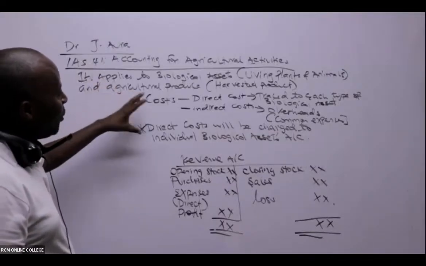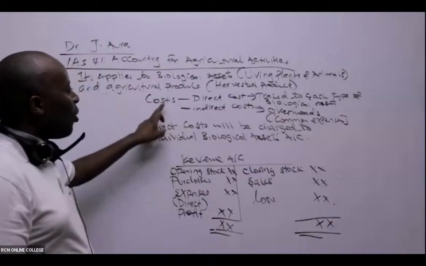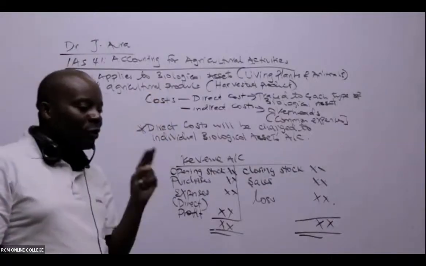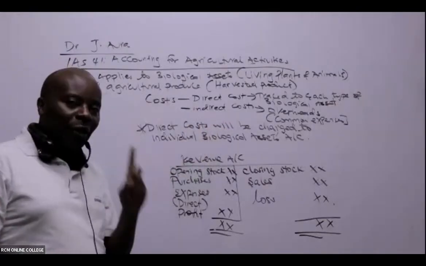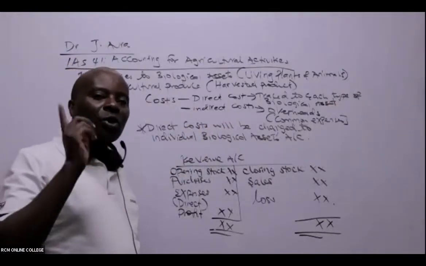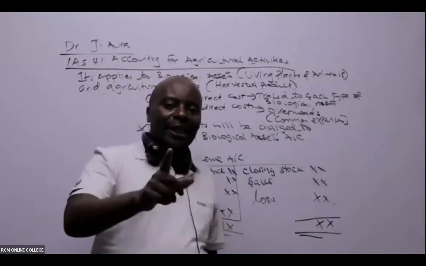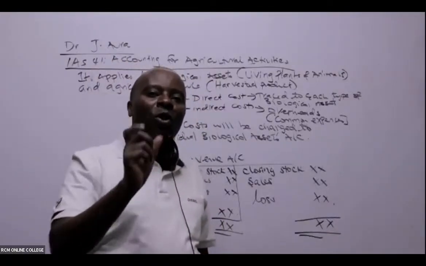I've called your attention to something very important here on costs, where we have two types of costs: direct costs and indirect costs. Direct costs are those costs that you are able to trace directly to each biological asset.